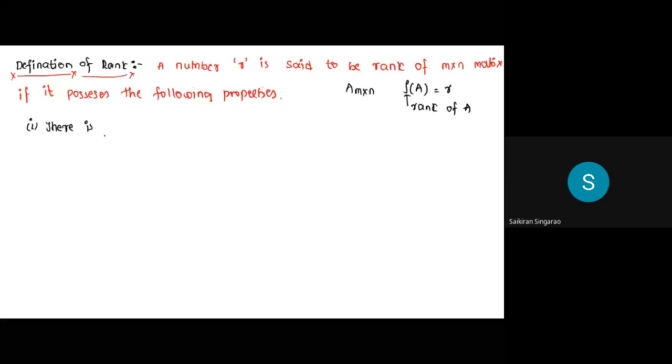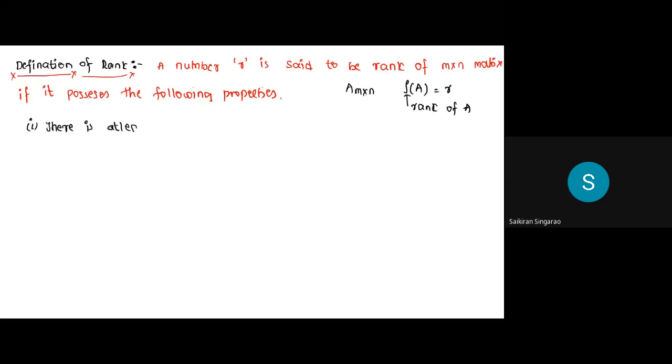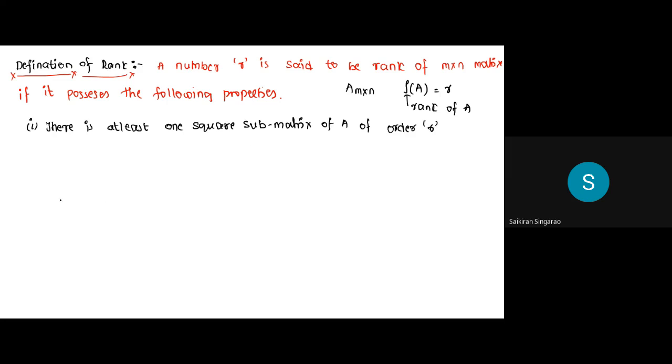There is at least one square submatrix of A of order R whose determinant is not equal to 0.